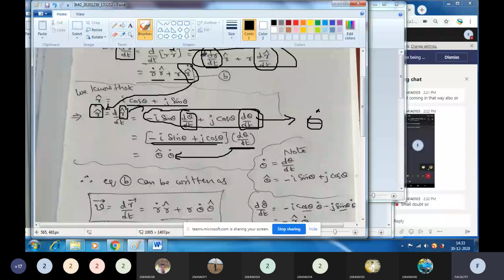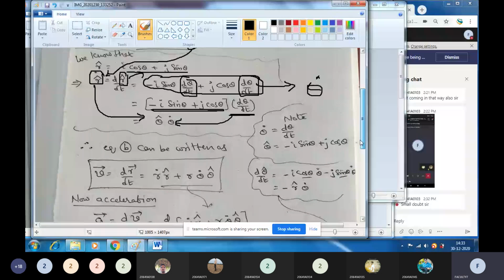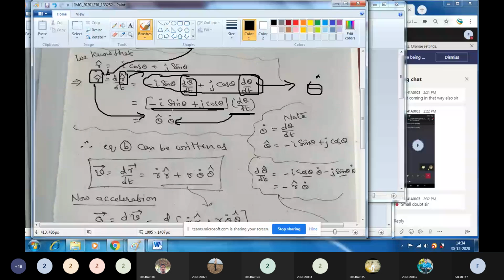So you got r cap dot as theta cap into theta dot. Hereafter, wherever theta dot and theta cap are there, you need to find their values. So theta cap means this. That's 103. What is your doubt?